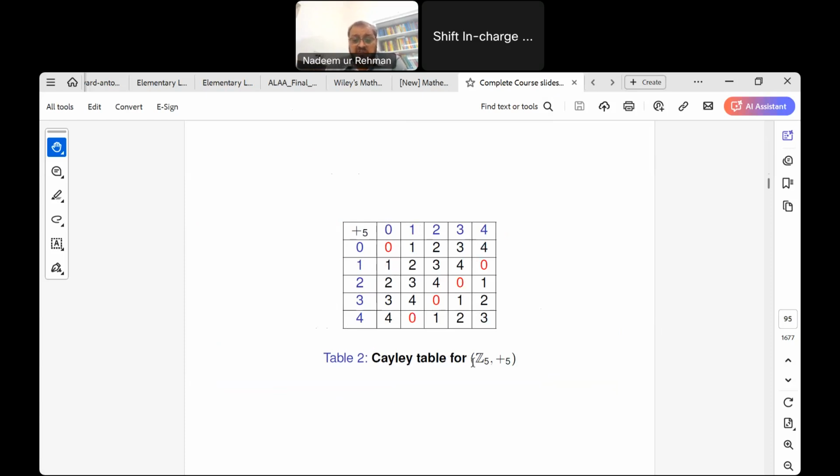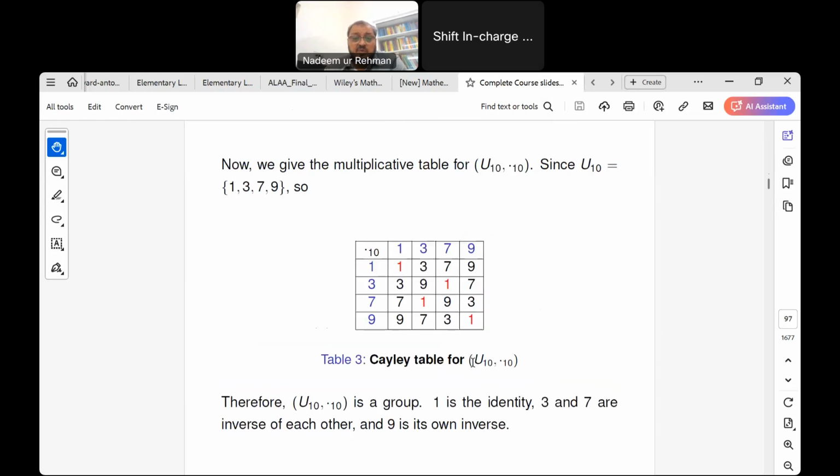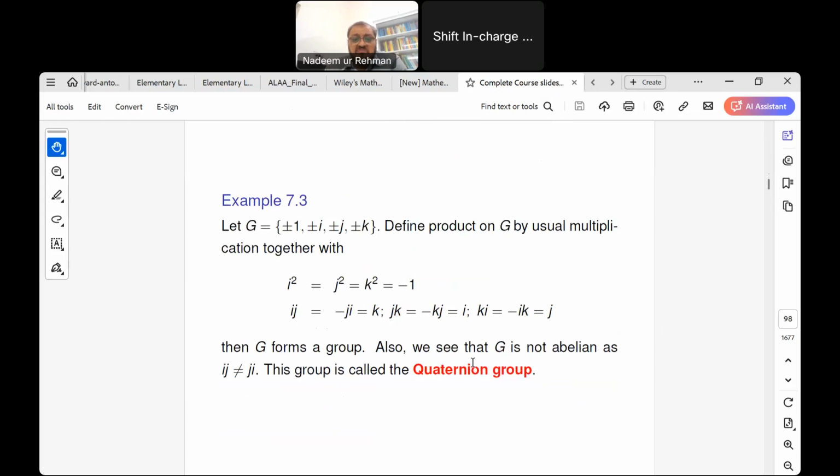So in this way we can say that this is a group. Now this is the quaternion group. We take 8 elements of the complex numbers: plus minus 1, plus minus i, plus minus j, and plus minus k. This group is satisfied by the table.